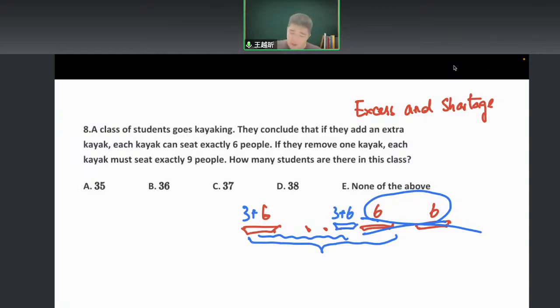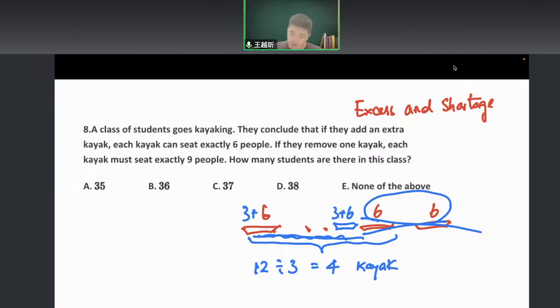So how many kayaks do we have? We have 12 people left. These 12 people will go to the remaining kayaks, and each kayak sits 3 extra people. So that's 12 divided by 3, which gives 4. In these 4 kayaks, every kayak sits 9 students.